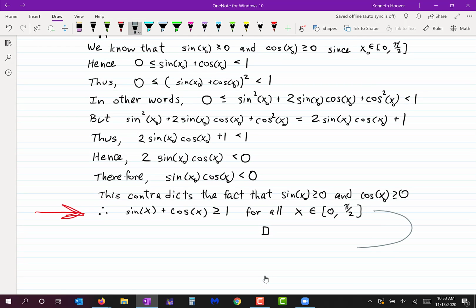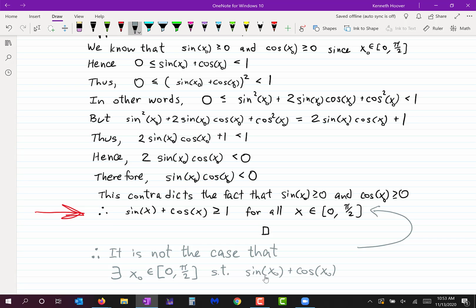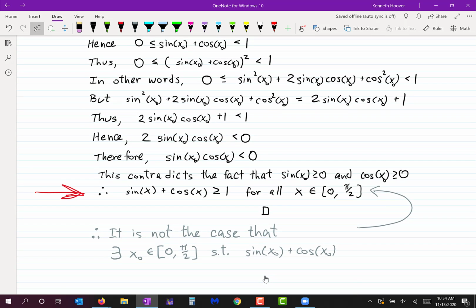Okay, that line right there is literally saying, therefore, it is not the case that there exists some x naught from 0 to pi over 2 such that sine of x naught plus cosine of x naught is less than 1.